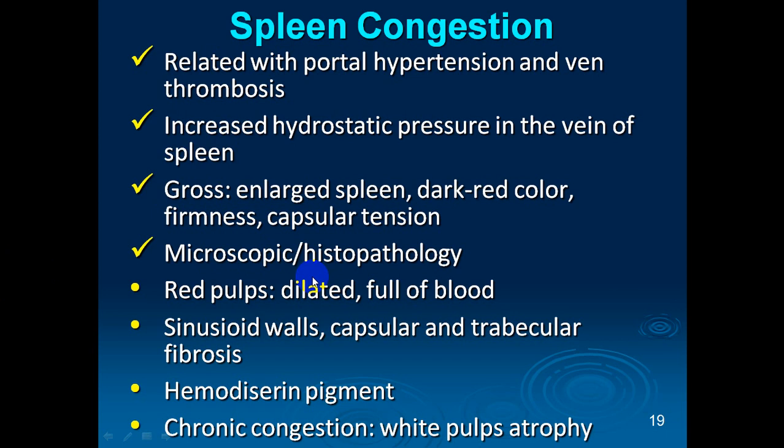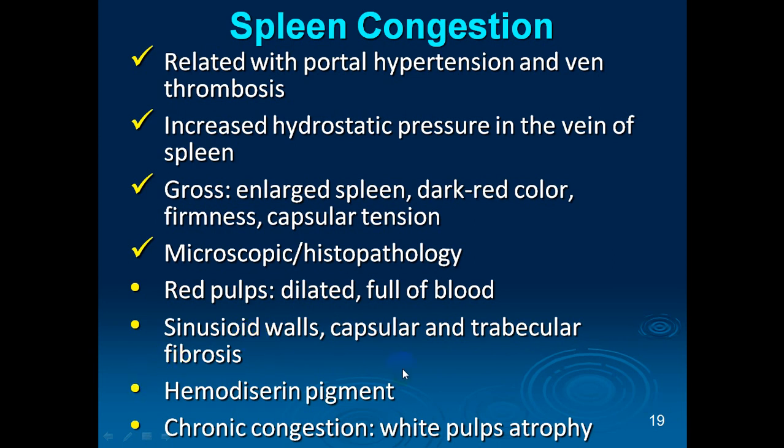And microscopically we will find dilated sinusoids, dilated red pulp full of blood. And then if it occurs in the long term or with prolonged congestion, there will be fibrosis in the capsule, the trabecular parts, or the sinusoid walls. And there is also hemosiderin.